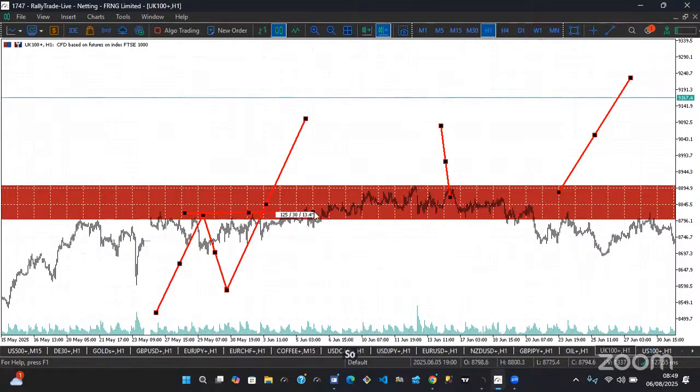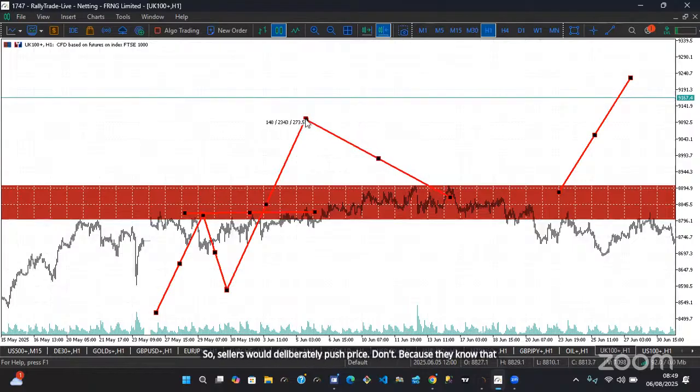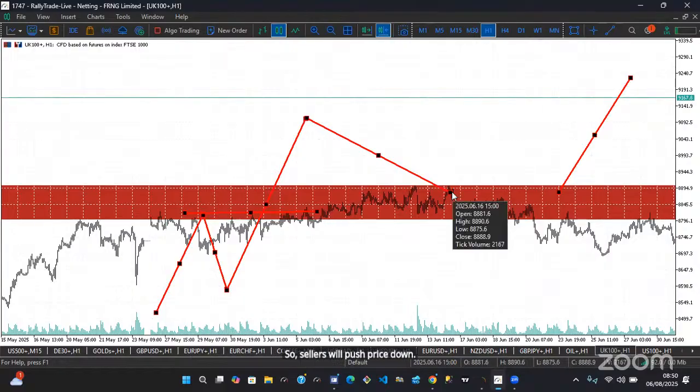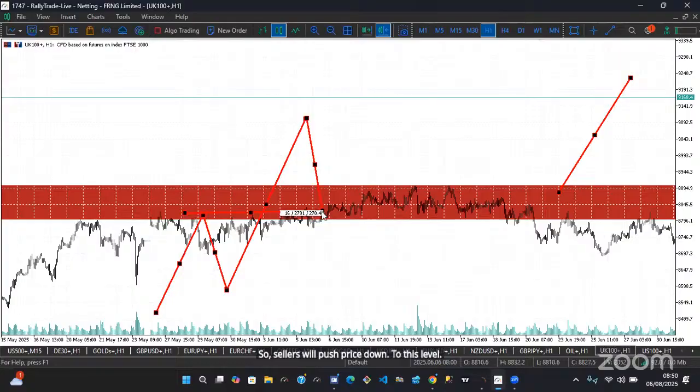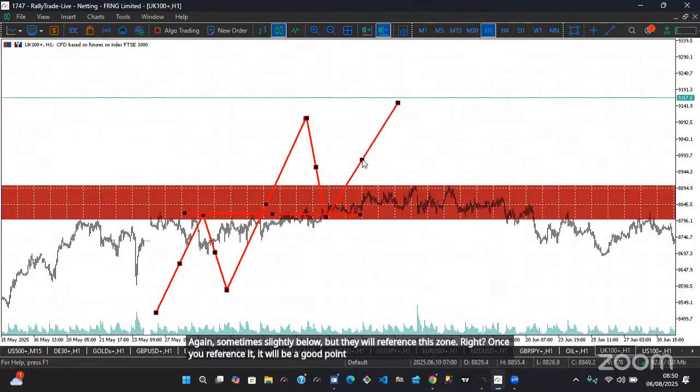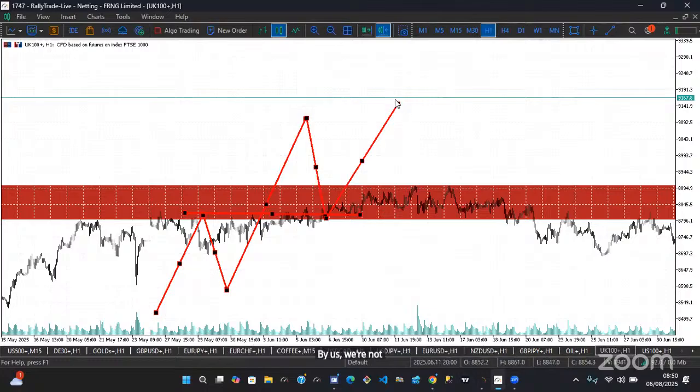So sellers will deliberately push price down because they know that the market likes to reference. So sellers will push price down to this level again, sometimes slightly below, but they will reference this zone, all right? Once they reference it, it will be a good point where buyers will now step in again to push price further to the upside. But this level first has to be significant in the retracement.